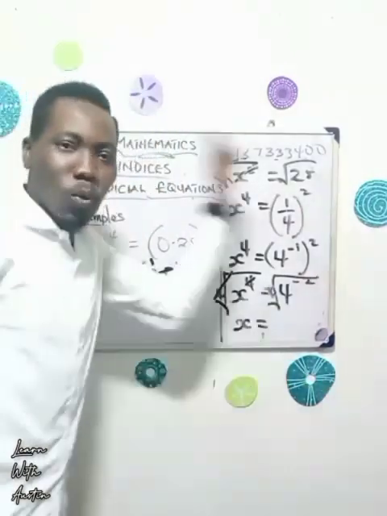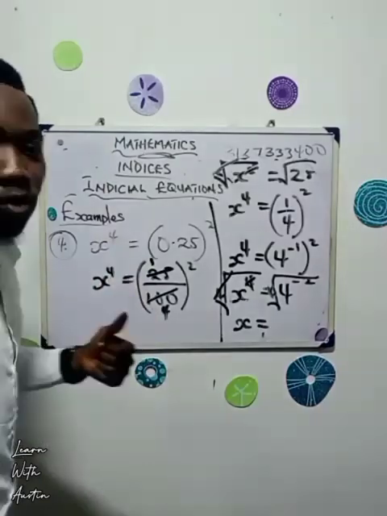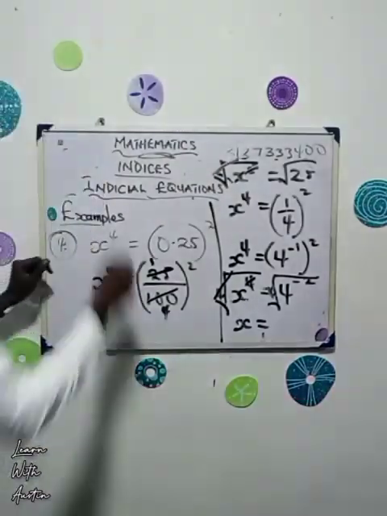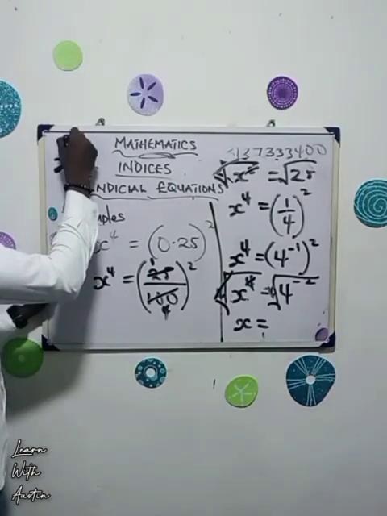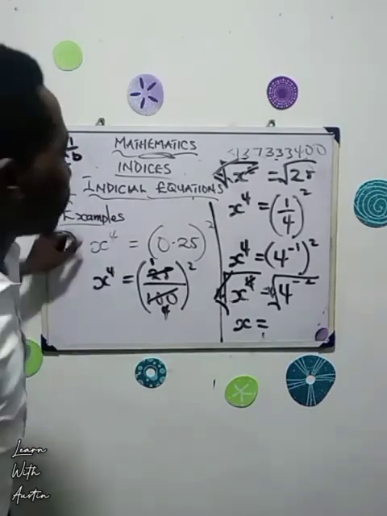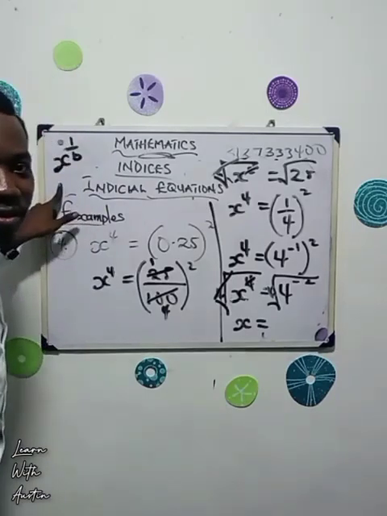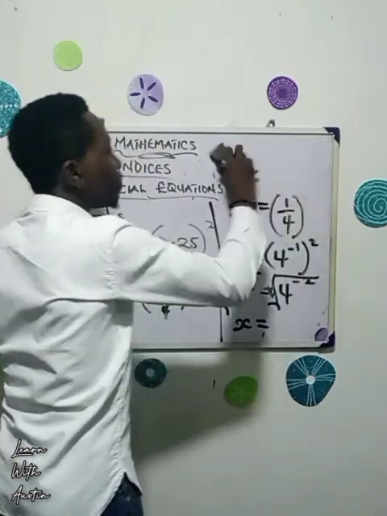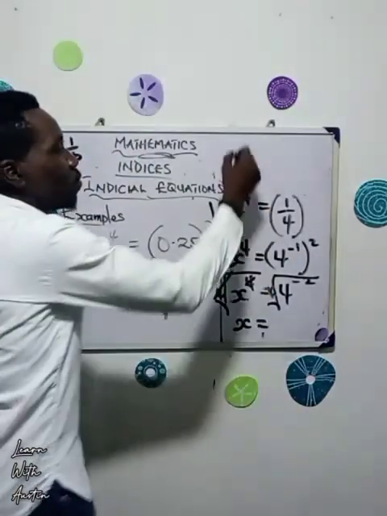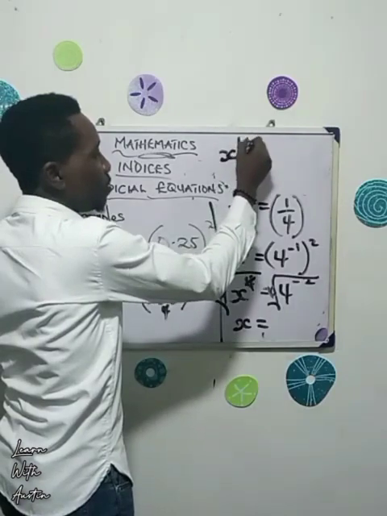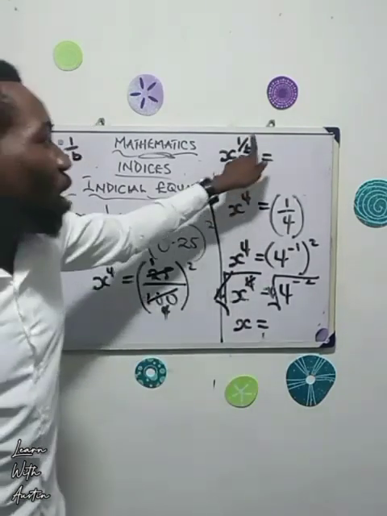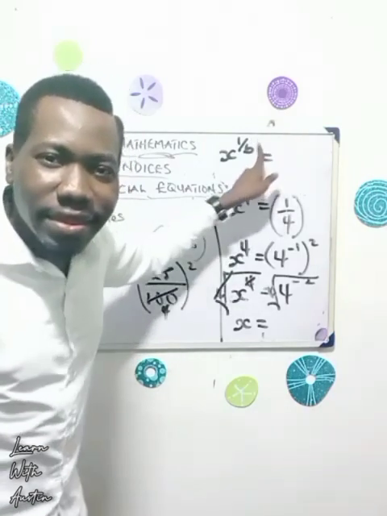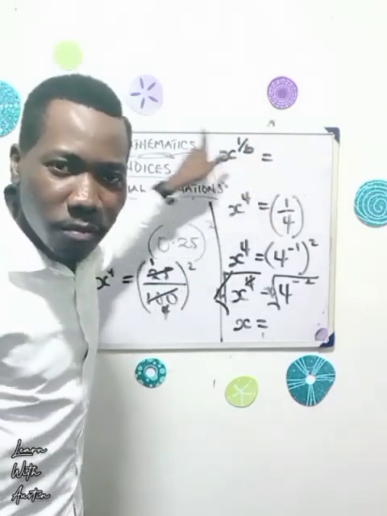Now that brings us to the rule of the fraction index that says when you have x raised to the power of 1 over b, if you have a fraction as your power, the denominator in the power will become the root.